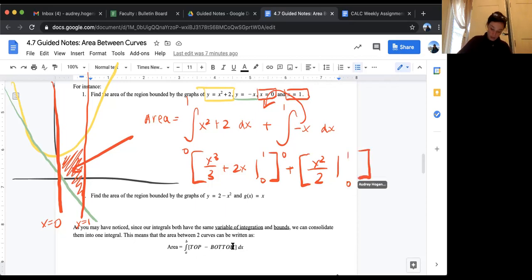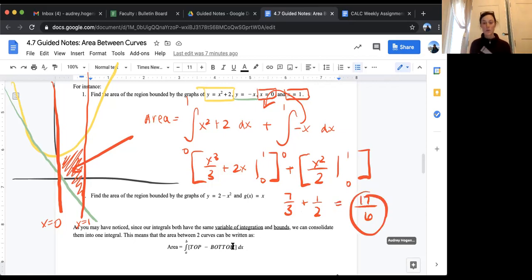We can go ahead and plug in our upper bound and our lower bound, and in the first bracket you should get 7/3, and in the second one you should get plus 1/2. 7/3 plus 1/2 is equal to 17/6. So the area between our two curves here is 17/6.